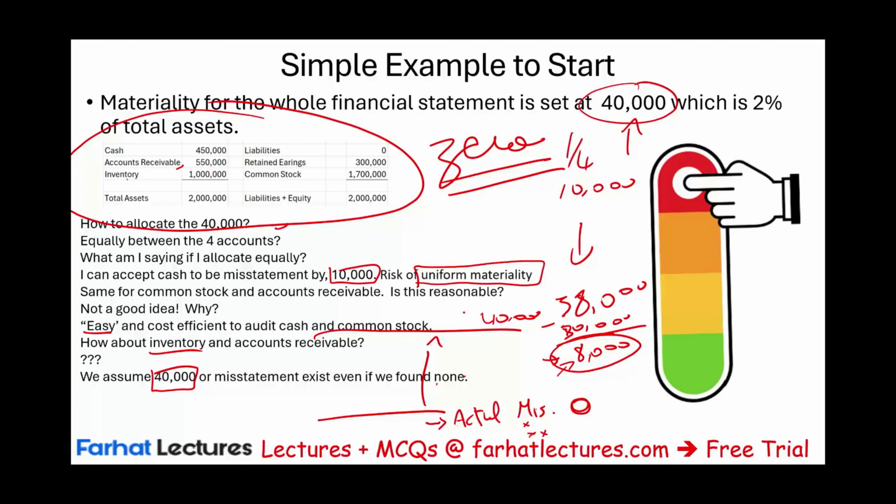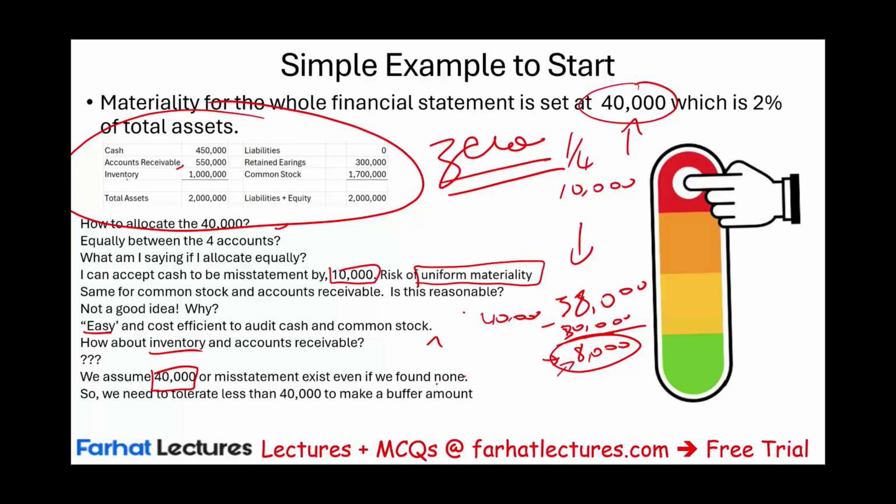Likely misstatement, and we'll talk about this later in a separate recording, the actual misstatement happens to be 0, but the likely misstatement is 40,000, because I'm accepting a $40,000 error, still assuming the financial statements are fairly presented. So we need to tolerate less than 40,000 to make a buffer amount. And that's why we set performance materiality for each account lower than the materiality for the whole financial statement. The lower we set it, the more important that account.